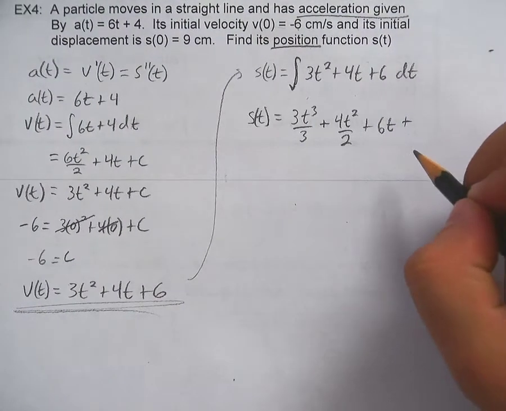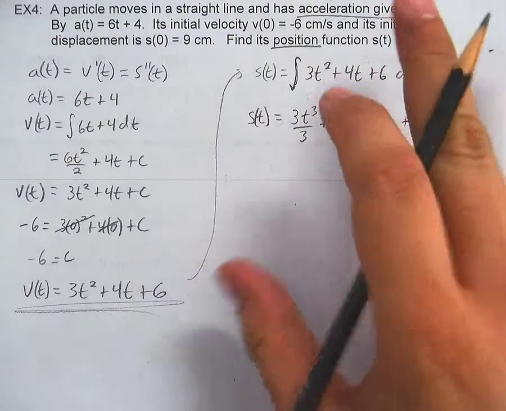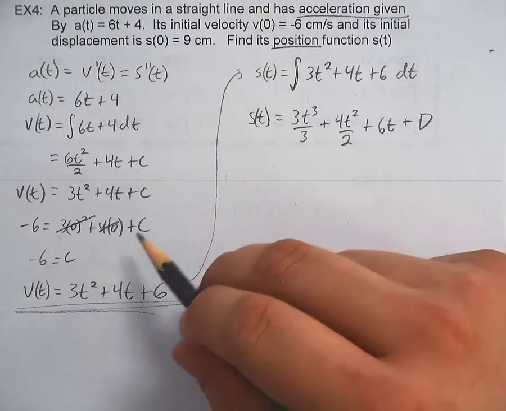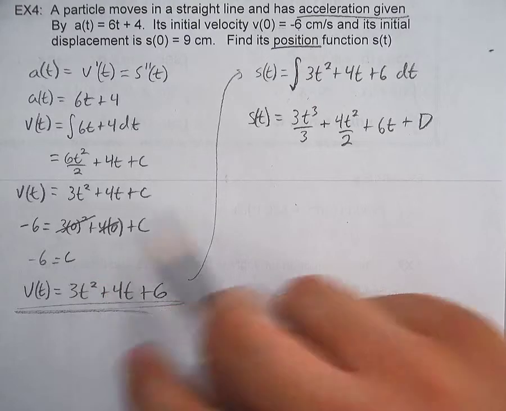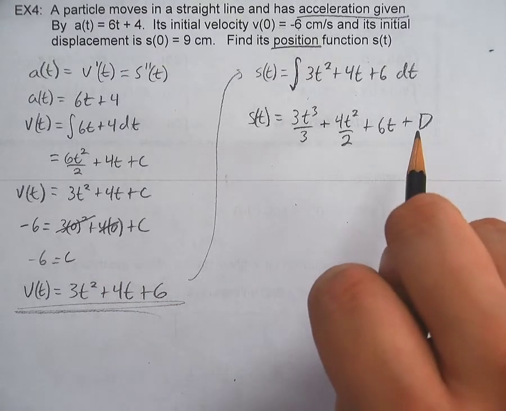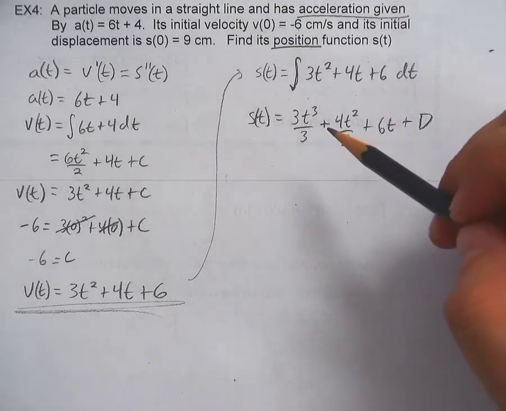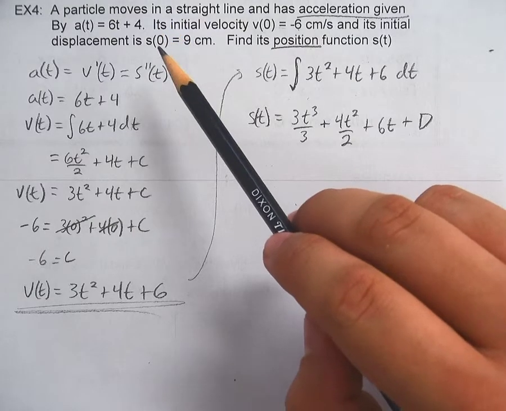plus, now, since I already solved for c, just to keep myself from getting annoyed, I'm going to use d, so I know it's a different number. It's not -6. If you already give c a value, don't call this c, because that's going to say, oh, well, it's -6, and it's not. And then I have an initial condition that s of 0 is 9.